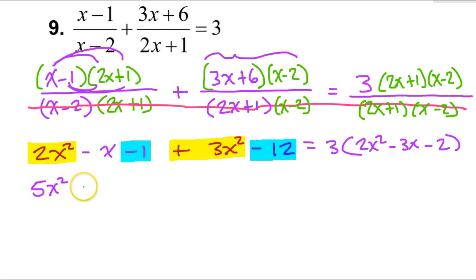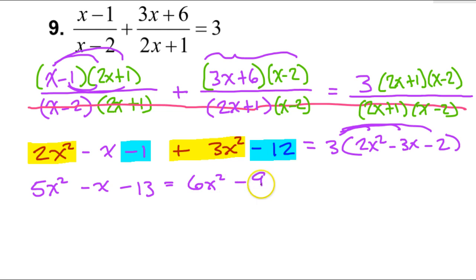And I'll just bring down this negative x. And then I have negative 13 is equal to. Now over here it's time to do the distributive property. So that's going to make 6x squared minus 9x minus 6.